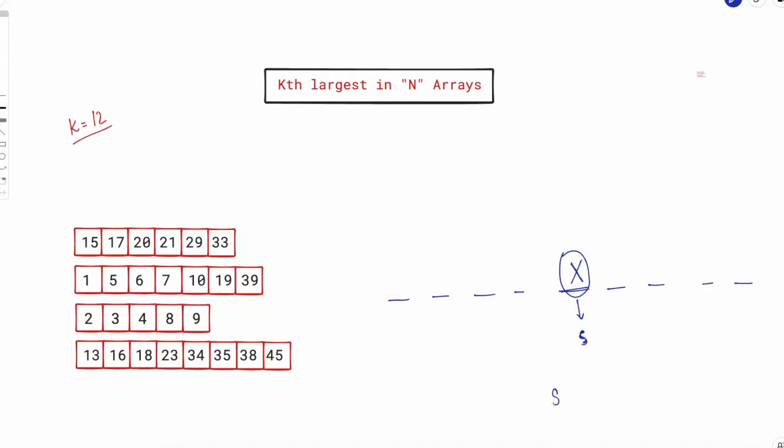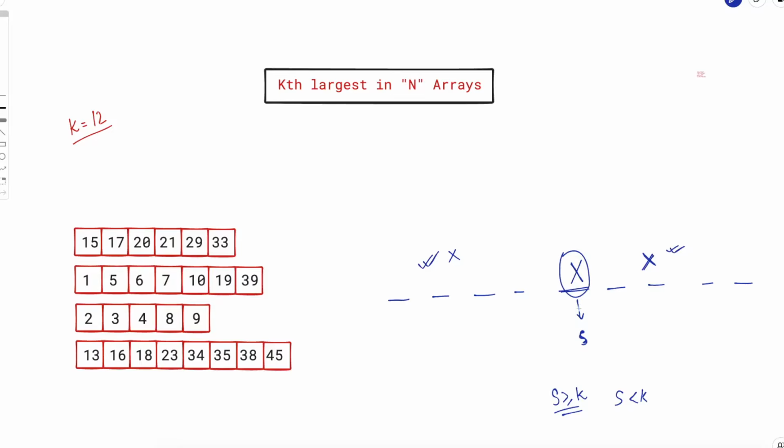Now if s is greater than or equal to k, it means you have at least k elements in the left, and in that case you can skip the right half completely and only search in the left half, right? Similarly, if s is less than k, it means you have fewer than k elements in the left, so you can skip the left half and search in the right half, right?